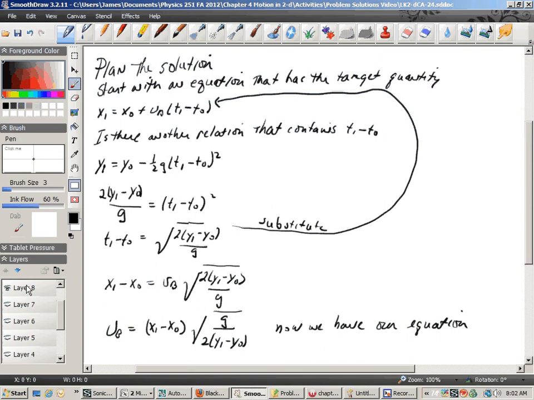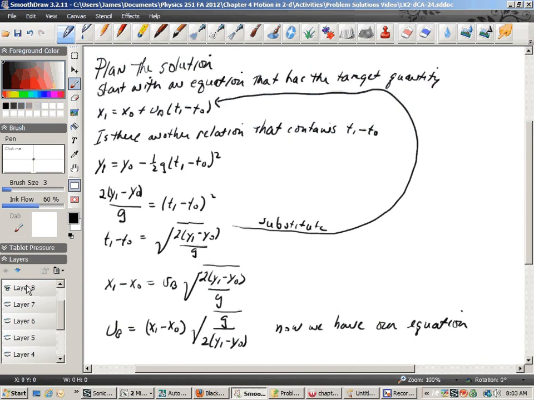Let's now go to planning the solution. When we start this process, of course, you want to start with an equation that has the target quantity. The first equation I start with is x1 equals 0 plus vb times (t1 minus t0). In other words, the final position is equal to the starting position plus the velocity of the bullet times the change in time.